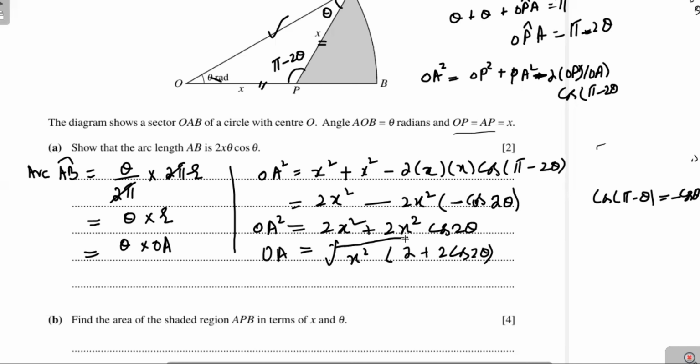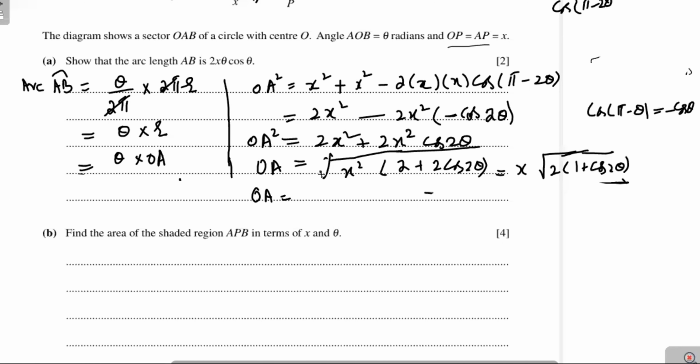We get OA equals x into square root of 2 into 1 plus cos 2 theta. Now we can write it as square root of 2 into x into square root of 1 plus cos 2 theta.